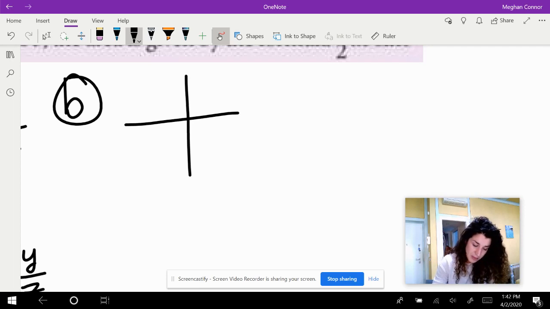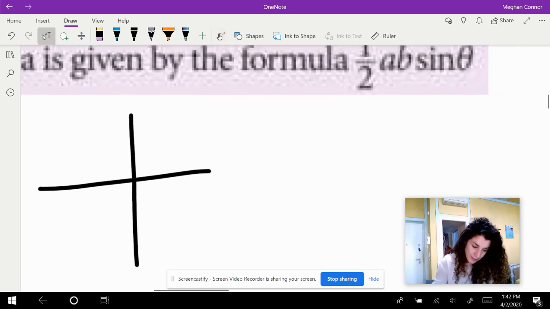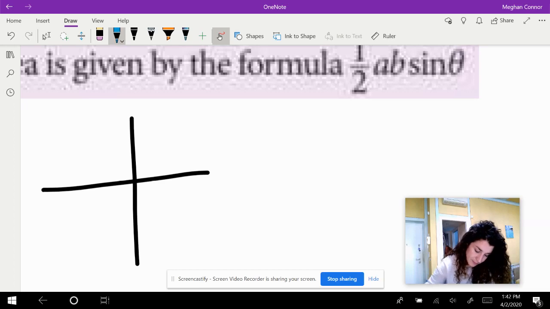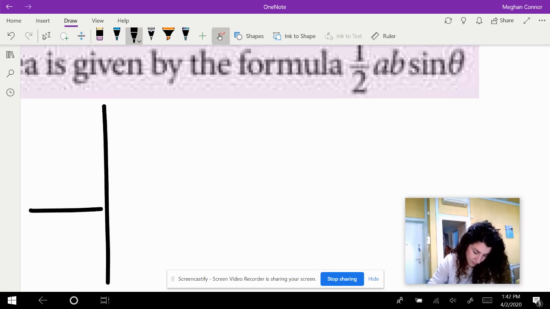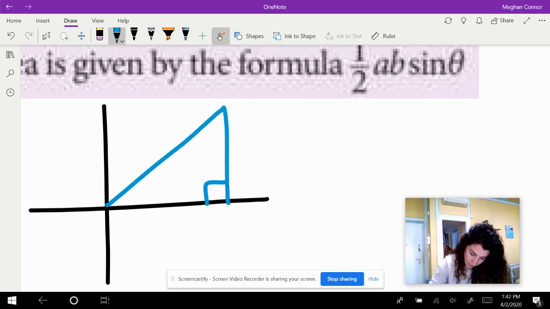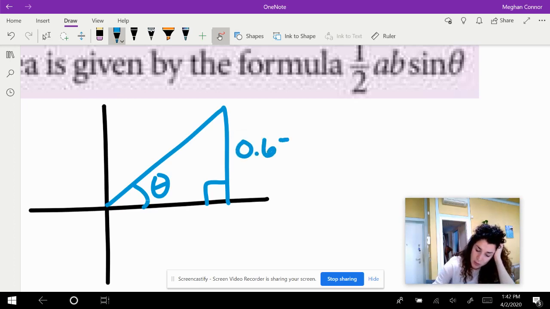I'm going to first build a right triangle with this angle theta. And it says that sine of theta, which is opposite over hypotenuse, is equal to 0.65. So I'm going to label the opposite side length as 0.65 and the hypotenuse as 1.